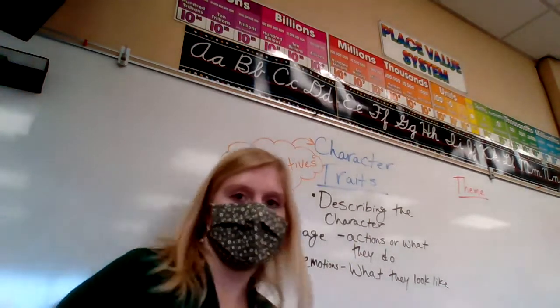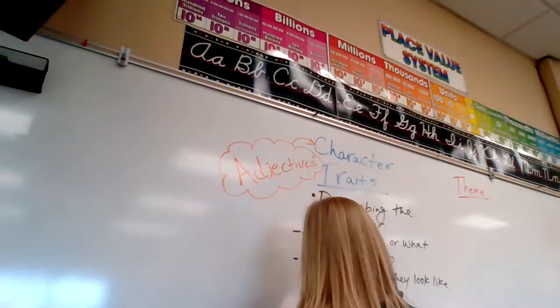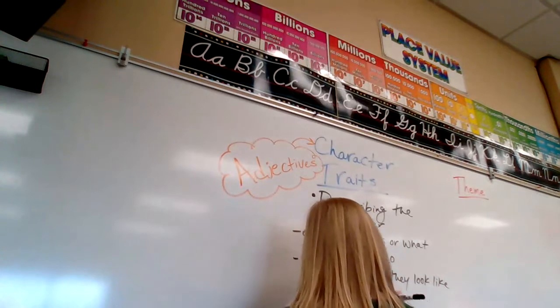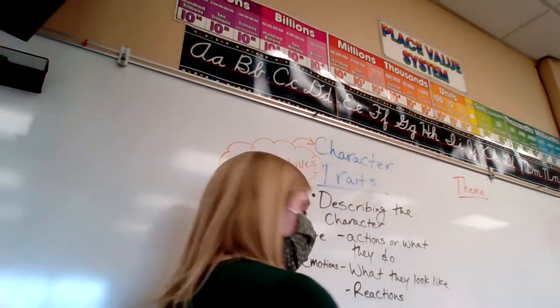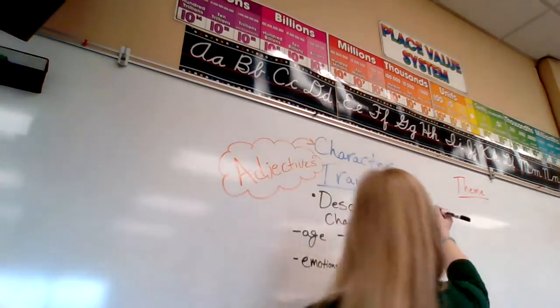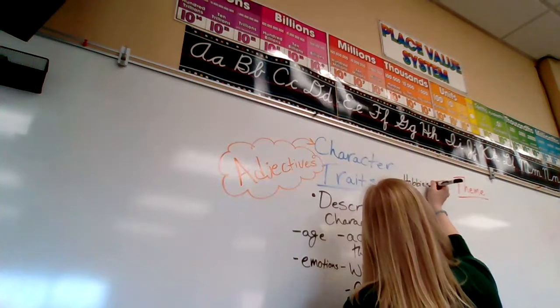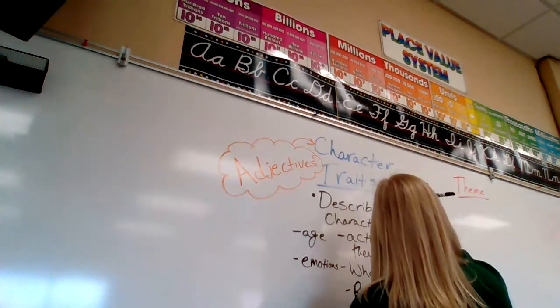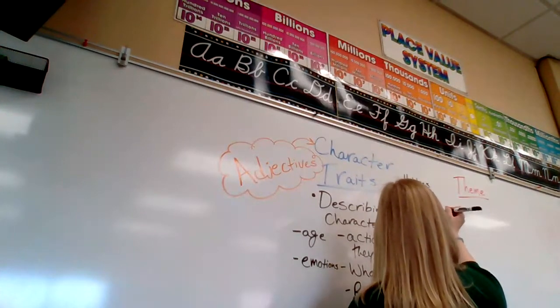Jack P. How they react. How they react to things. Yes. So their reactions. Could their hobbies also be a character trait? Yep. And their favorites? Yep. Hobbies, their job, their favorites, everything about a character.